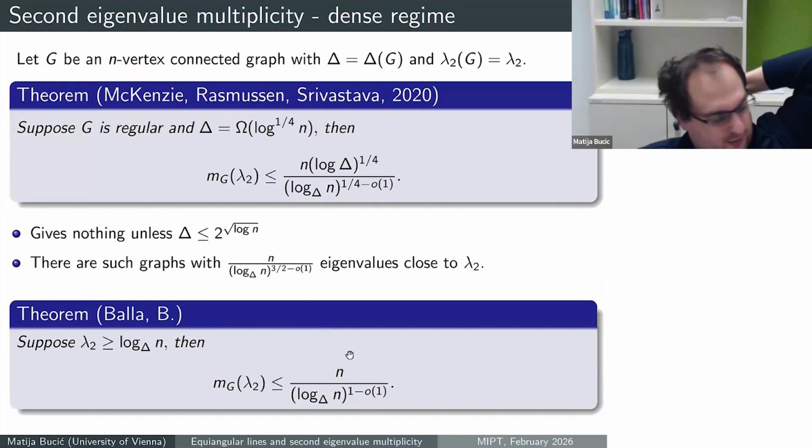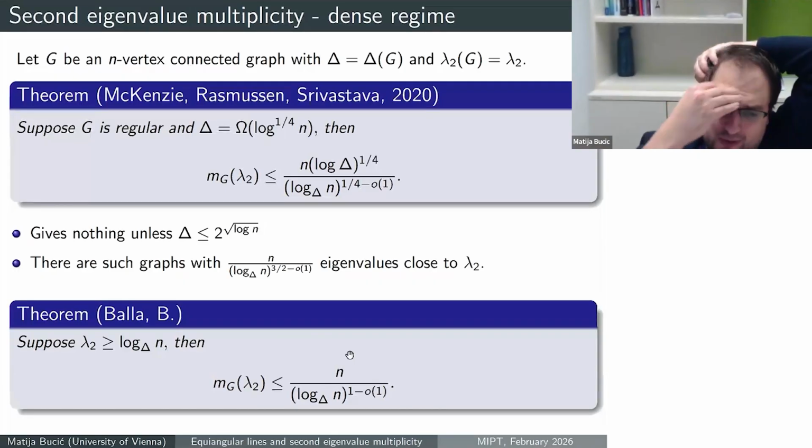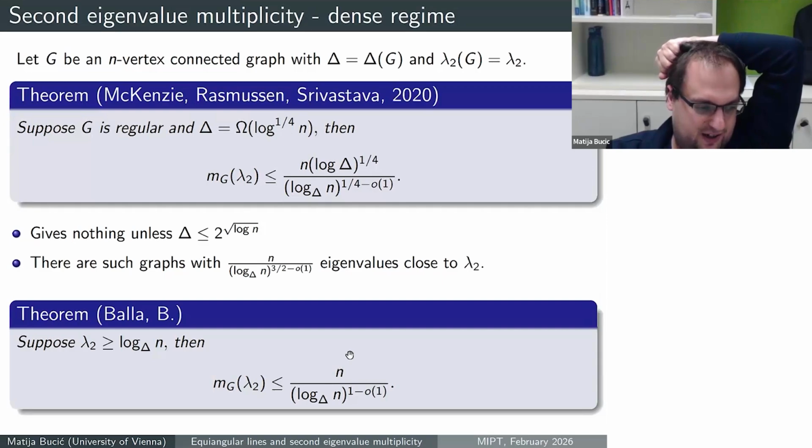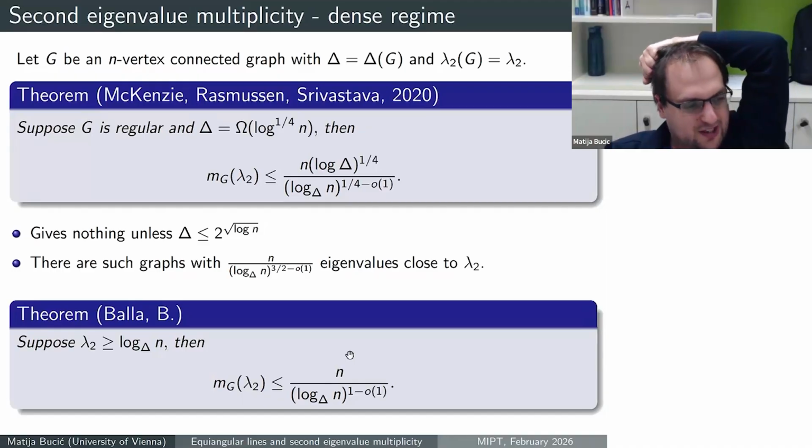And in both cases, what I mean really is we are using the Cauchy interlacing theorem, if you've ever seen it. If not, don't worry, I'll tell you what consequence of it we want to use. Really what it allows you to say is that if you delete a bunch of vertices from your graph, say k of them, then this decreases the multiplicity of any eigenvalue by at most k.